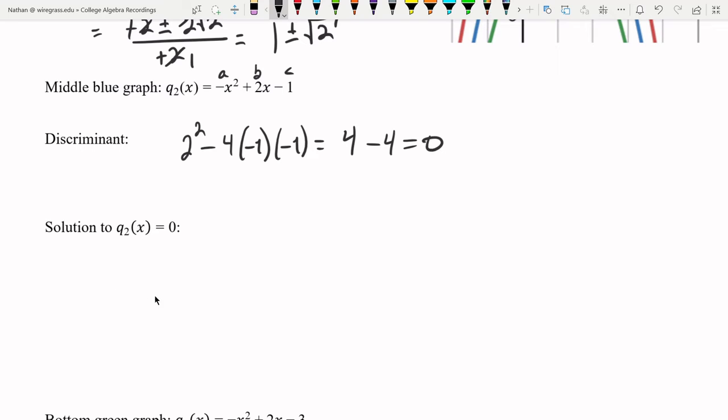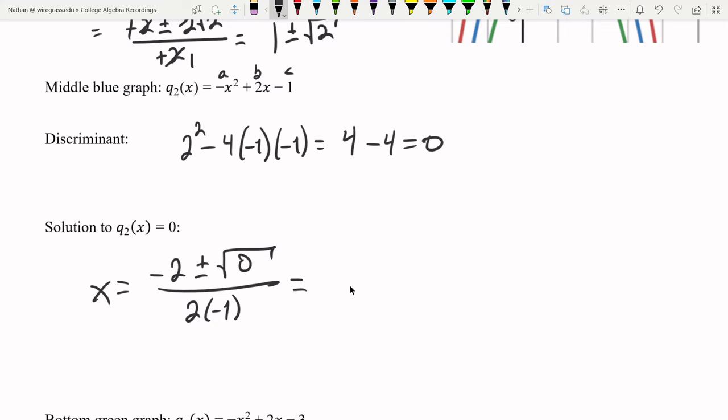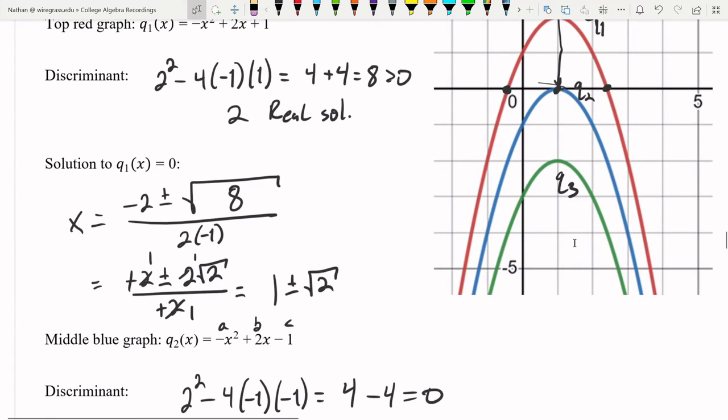And doing the quadratic formula, -b plus or minus the square root of the discriminant, which is just 0, over 2 times A. -2 plus or minus 0 is just 0, so no reason to write that, over -2. And we get +1, which that one we can see on the graph, right? +1 is right here, x equal to 1.